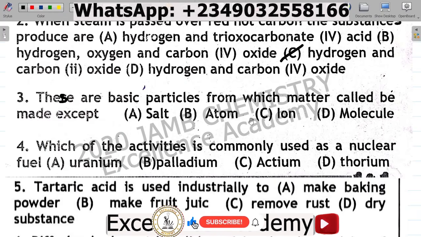Now from this, we know that some of the building blocks or basic particles of matter include molecules, atoms, and ions. Salt is not a basic particle from which matter can be made. So the correct answer here will be A, salt. The basic particles include atoms, ions, and molecules.